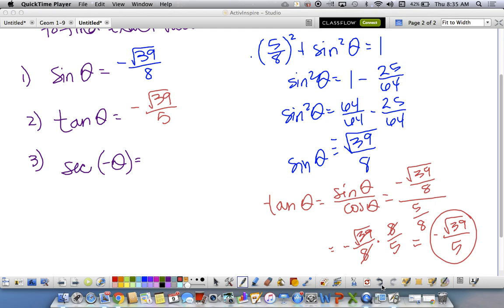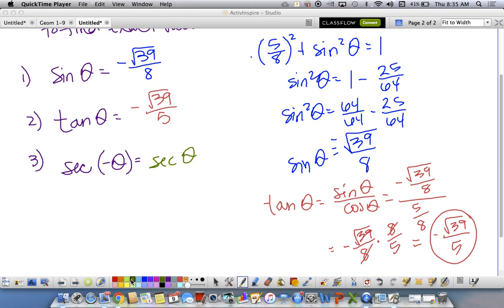Last but not least, secant negative theta. Which trig identity are we using? Negative angle first, probably. So secant negative theta. On your negative angle, secant negative theta became what? It was simply equal to secant theta.